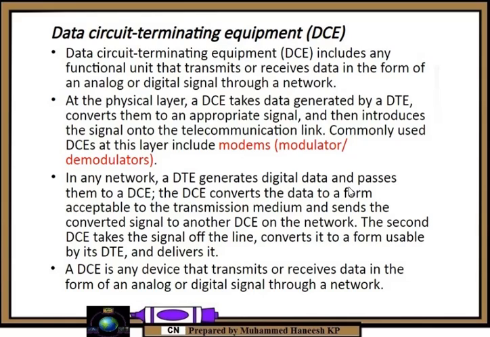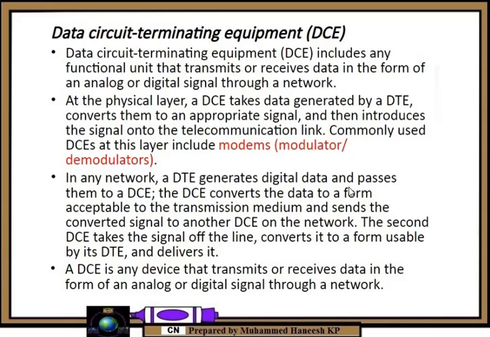Our next point is that two DTEs connect with each other by utilizing a DCE network. We need to conclude this topic. We know the abbreviations: DTE stands for data terminal equipment and DCE stands for data circuit terminating equipment, and they are types of serial communication devices.